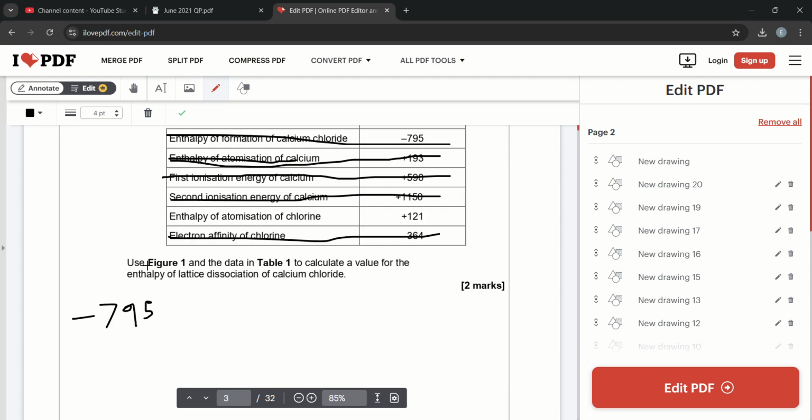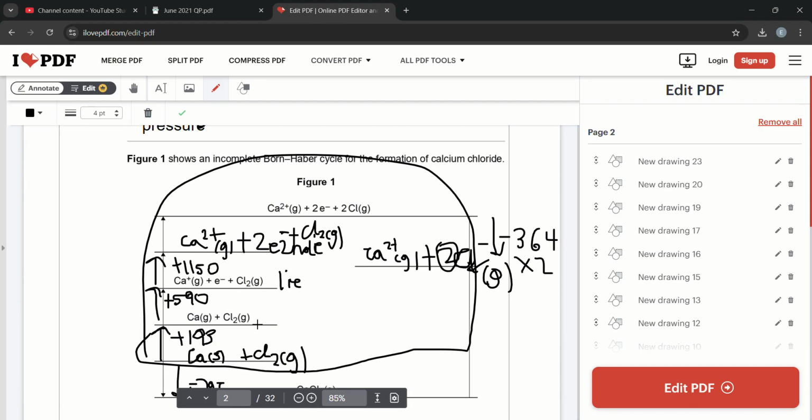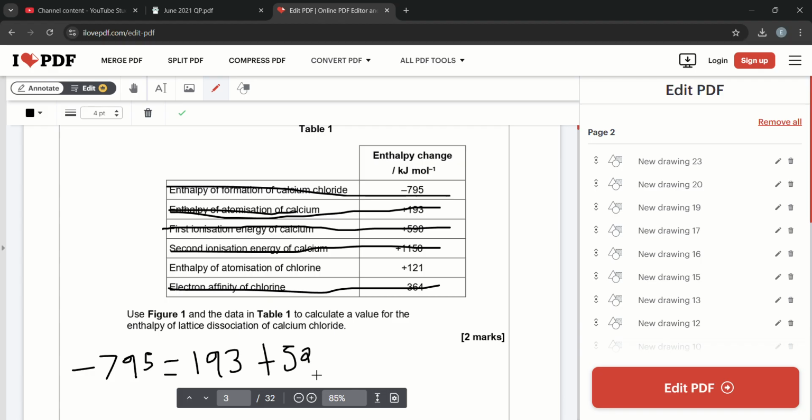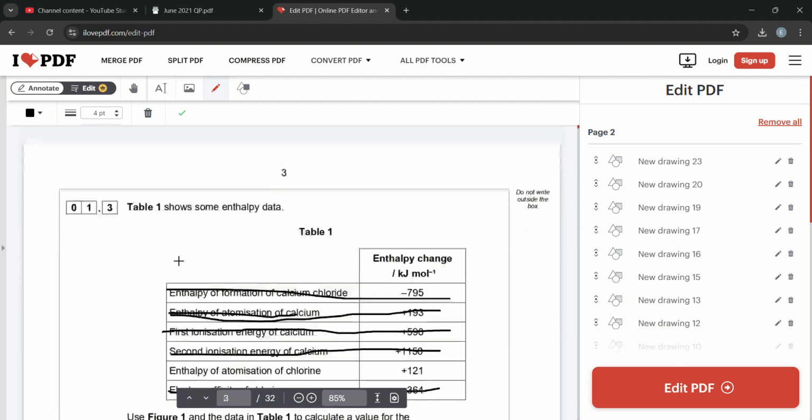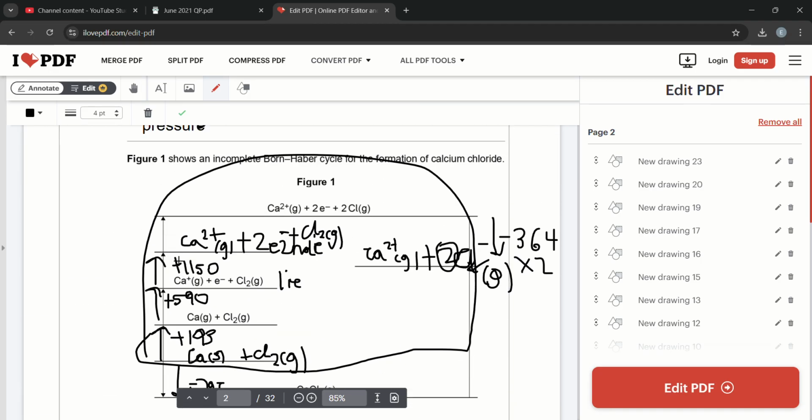It's going to equal 193 plus 590 plus 1150, plus 2 times 121, the enthalpy of atomization of chlorine, which is, yeah, this is enthalpy of atomization of chlorine.